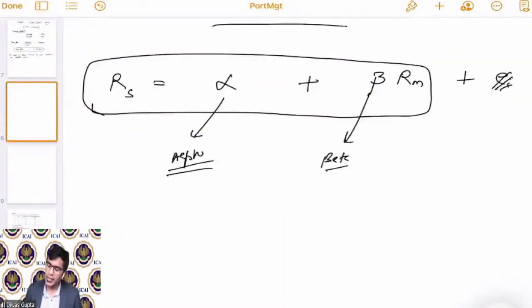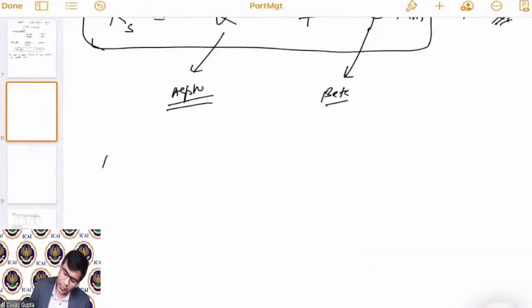Now students, please note the beta calculation. We have already studied how to do the beta calculation as per the correlation and regression technique. Correlation requires usage of the covariance, correlation coefficient, and standard deviation.